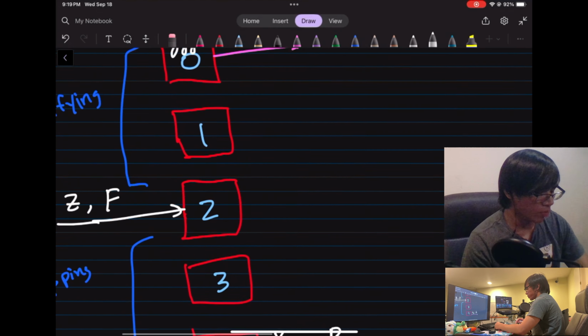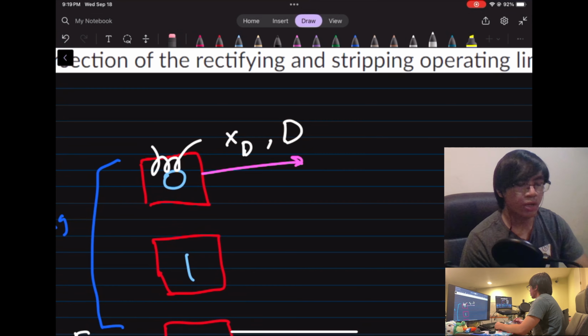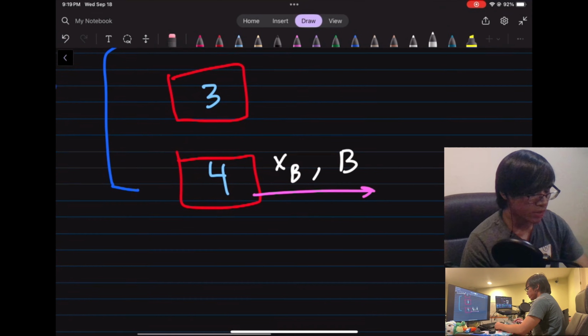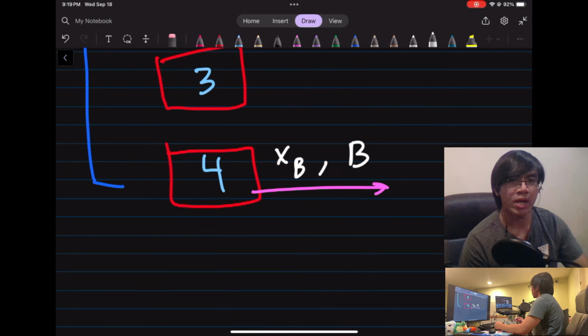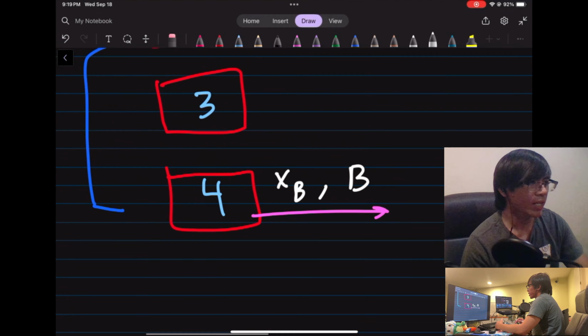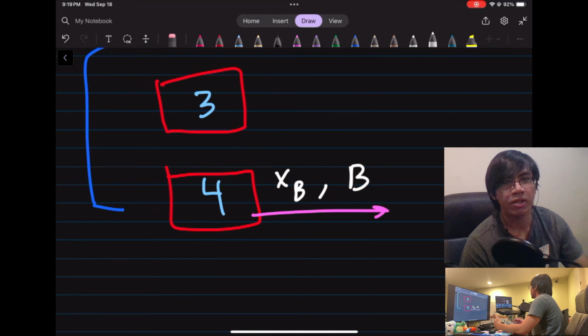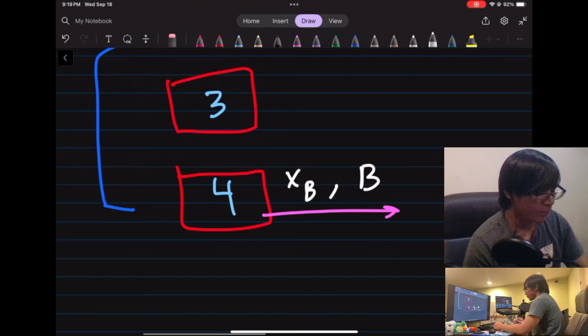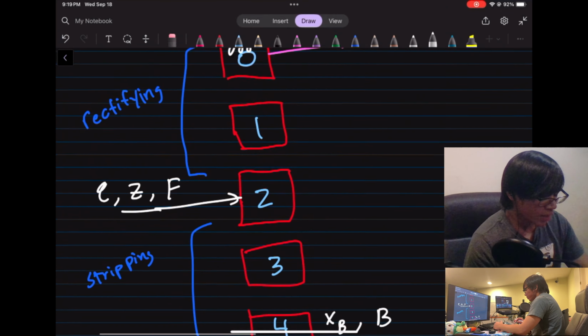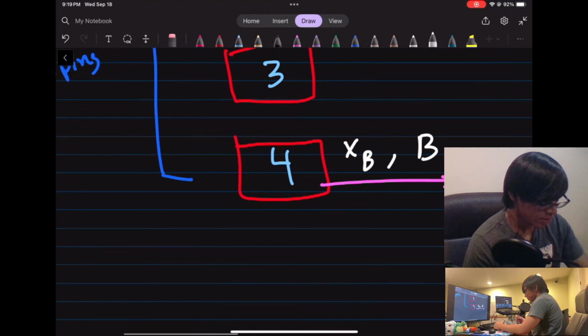So as we go up, xD, our liquid mole fraction in our distillate, will have a higher purity versus our liquid mole fraction in the bottoms, which will have very low purity, something like, I don't know, 98 to 2%. That's a pretty good distillation column. So keep that in mind as we go along here. And this is bottoms for our boiler.